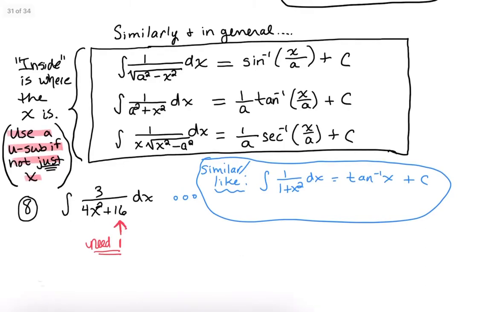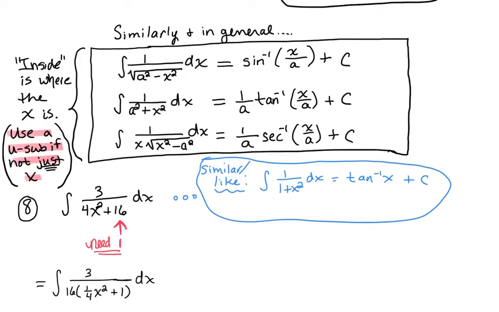So we have our definite integral of 3 over, factoring out the 16, we put a 1/4 in here, so this is 16 times 1/4 times 4x squared. That gives me that all-important 1 that I wanted to have there, dx. Now the 3/16 can be factored out in front.